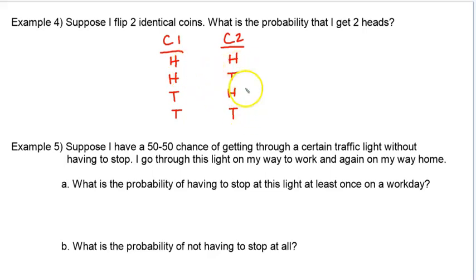So here are the 4 different possibilities, and that becomes my total number of equally likely possible outcomes. That's the denominator. Well, the probability that I get 2 heads, there's only one of those possibilities out of the 4. So my answer here would be 1 out of 4.